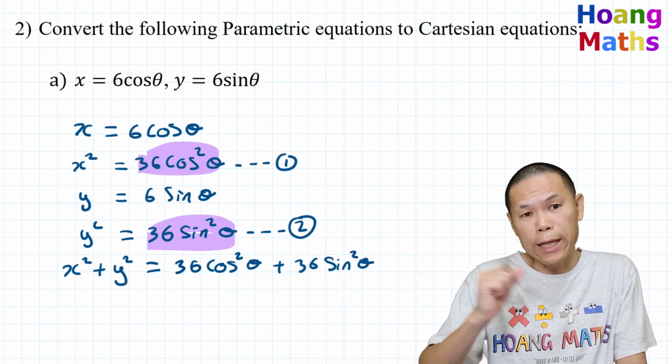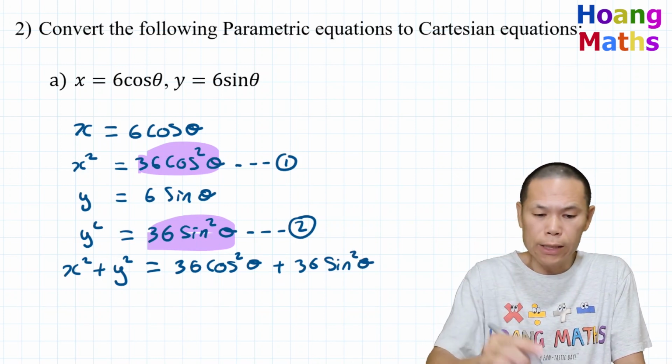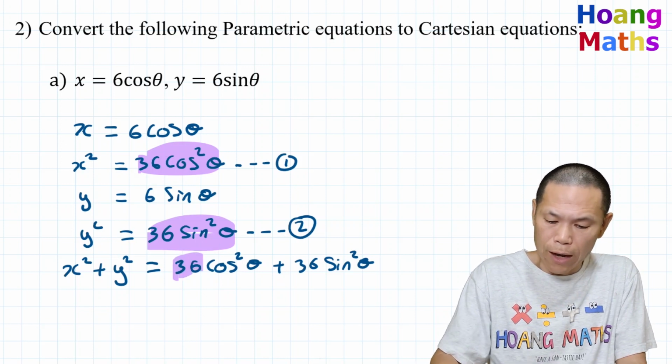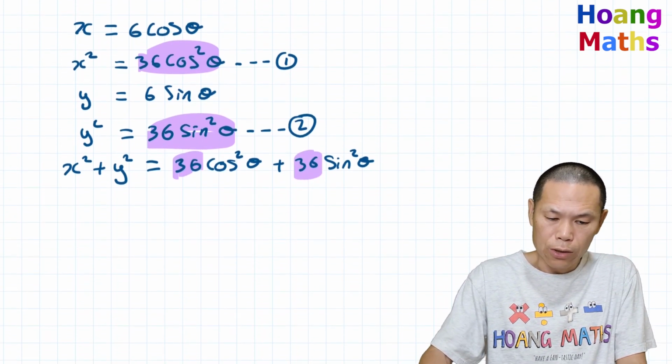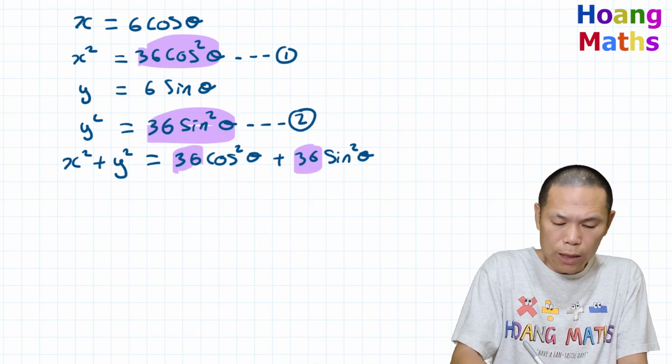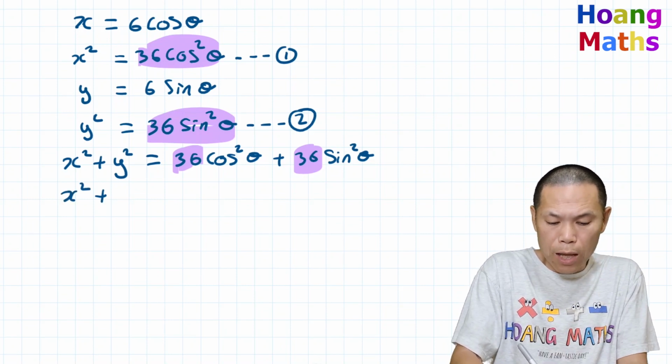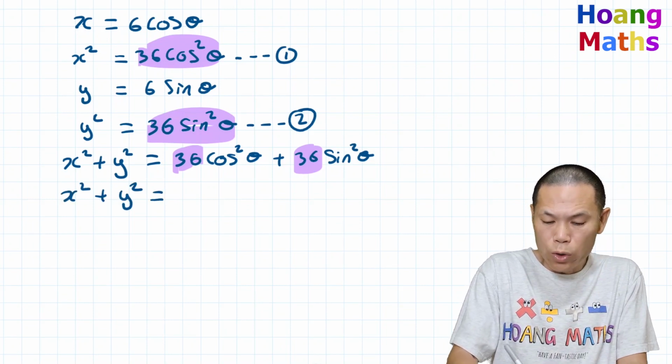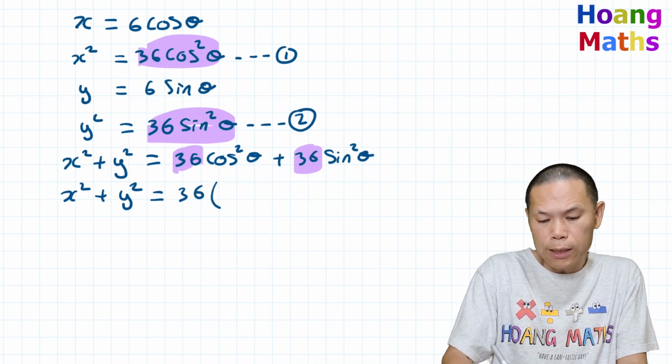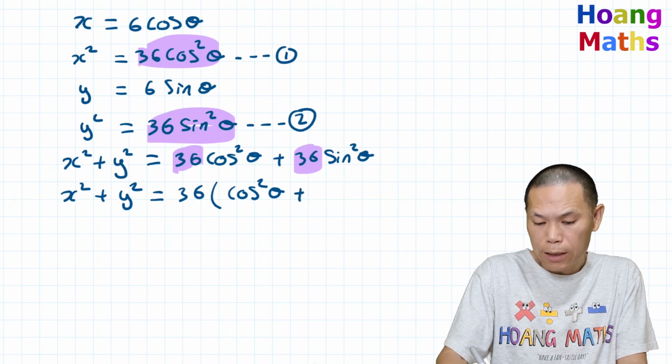And what I do is take the common factor out, and 36 is the common factor in this case. So x squared plus y squared equals 36 times cos squared theta plus sine squared theta.